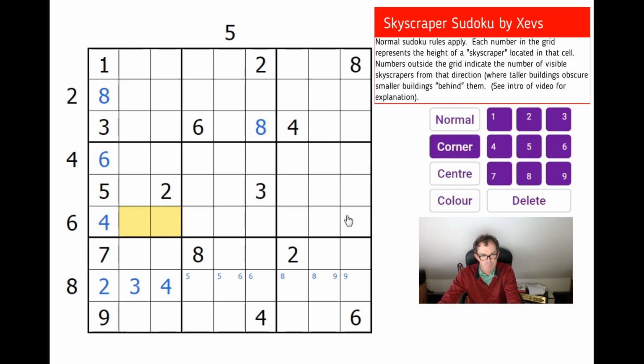So the 5 must be in one of those two squares, the 6 must be in one of these two squares.